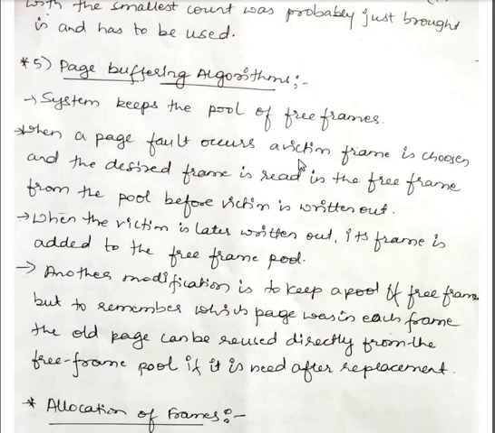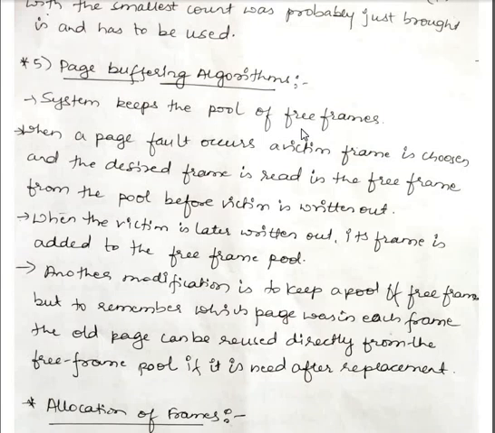Now, the enhancement of these free frames is one modification: remember the pages which were present in those frames. For example, page numbers 1, 2, 3 were present in frame numbers 1, 2, 3. Pages 1, 2, 3 finished their task and left the process, but frames 1, 2, 3 should remember that they contained pages 1, 2, 3.